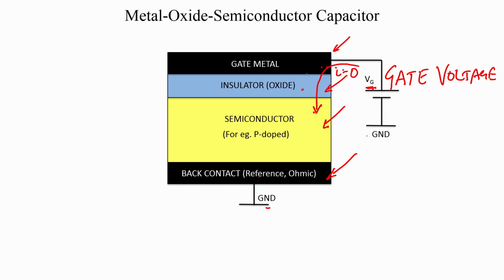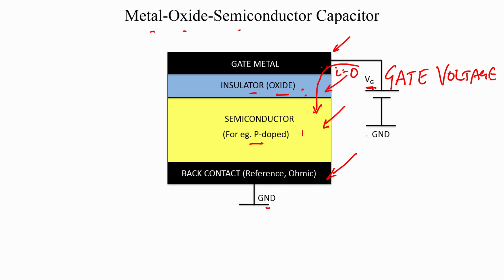So you have a gate metal and you have an insulator. In silicon technology, the most commonly used insulator is silicon oxide or some other oxide, so the insulator is also called an oxide layer. That is why you have the name metal oxide semiconductor. A good equivalent name is metal insulator semiconductor. The insulator sits on top of a semiconductor, which is lightly doped either P or N type, but for this study we will consider a P doped semiconductor.